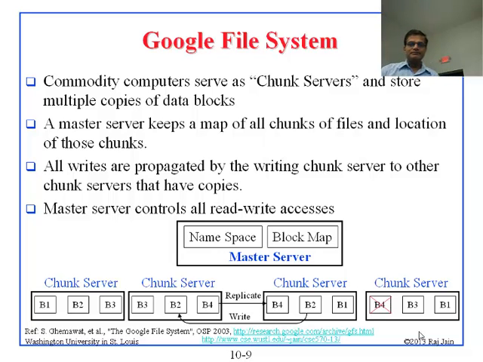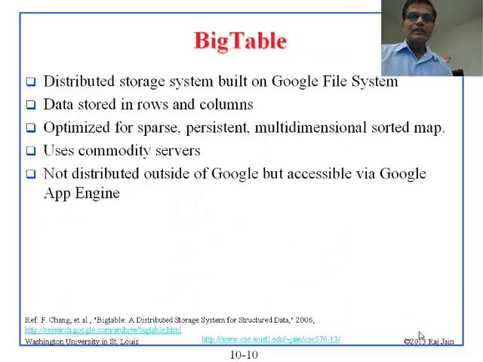All right. So this is Google File System. And using that, they made a distributed storage system which they call BigTable. And BigTable was also published, and all of these papers are available on the Google website, by the way.